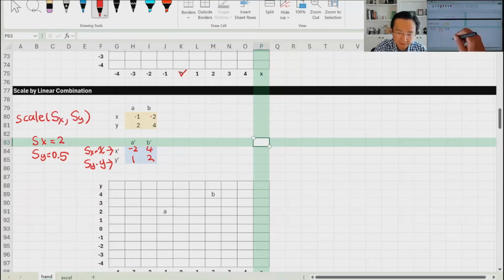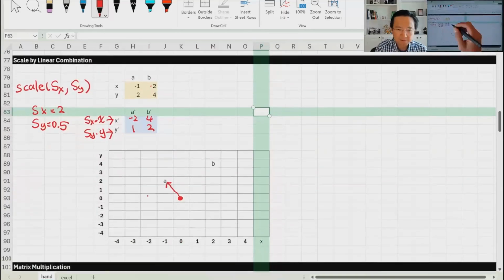The way we can plot this is that this scaling is actually relative to 0, which is here. So it's important to analyze it in this way. For x, we started from here, and it ended up twice as big, ending up here.